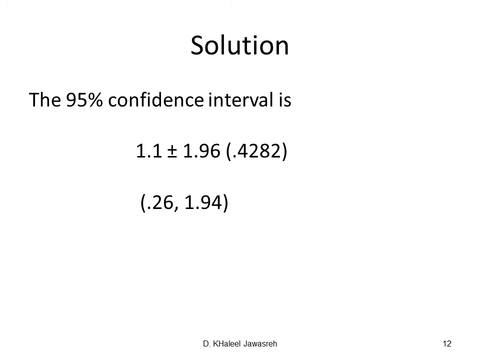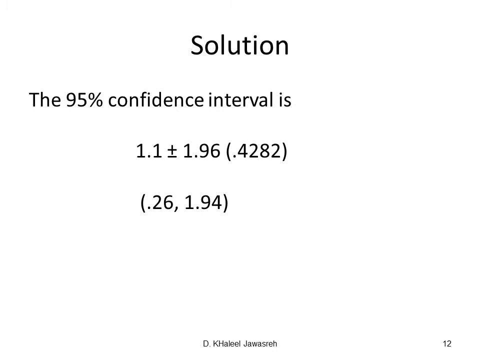Now finally, you do need to understand that the main equation is x1 bar minus x2 bar plus or minus z 1 minus alpha over 2, using 95%, times the square root of sigma square 1 over n1 plus sigma square 2 over n2. The standard error is known from the previous step.